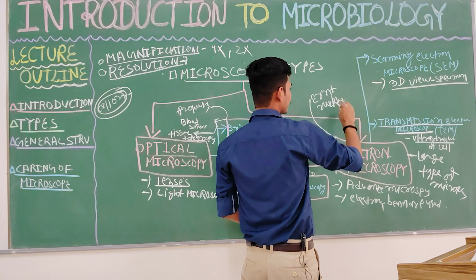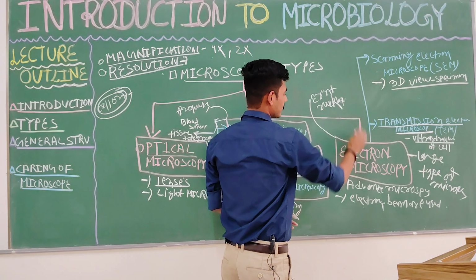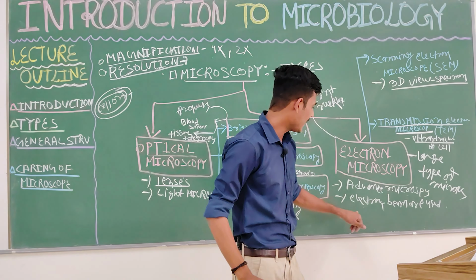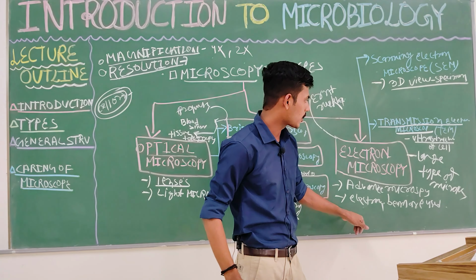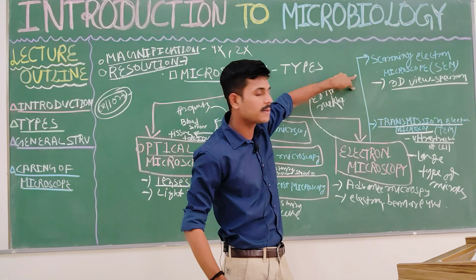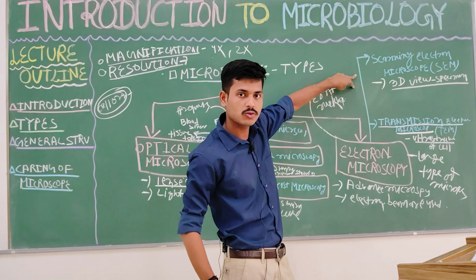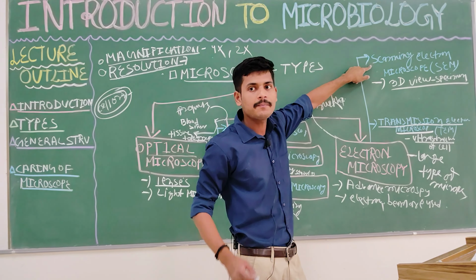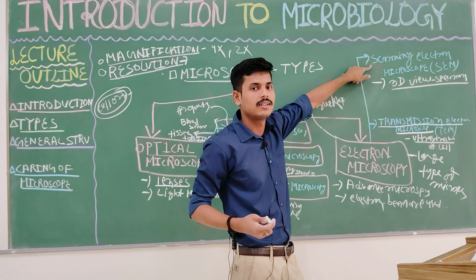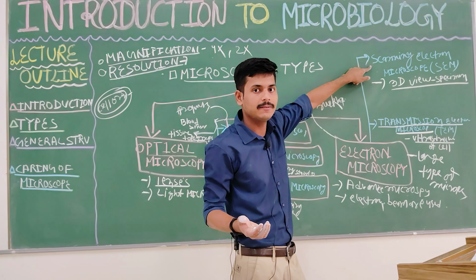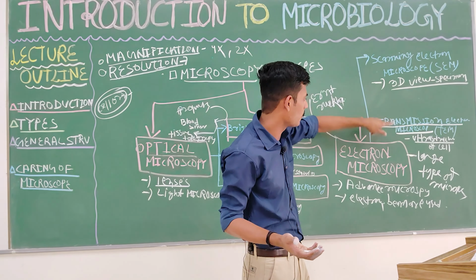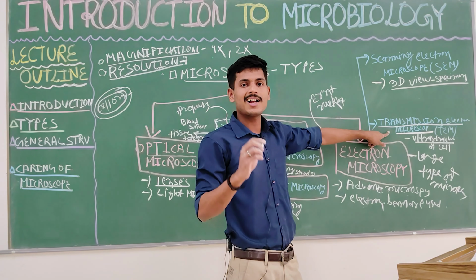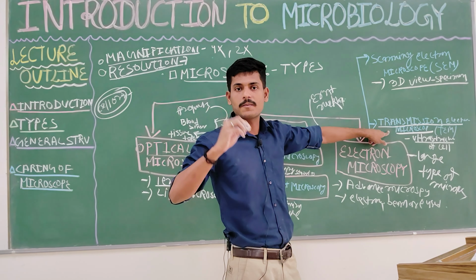Here we are using the electron beam. There are two principal types of electron microscope. The first is the scanning electron microscope, where there is a generation of a 3D view of the specimen. In the case of the transmission electron microscope, we see the ultrastructure of cell organelles.